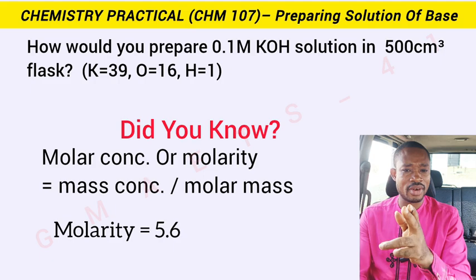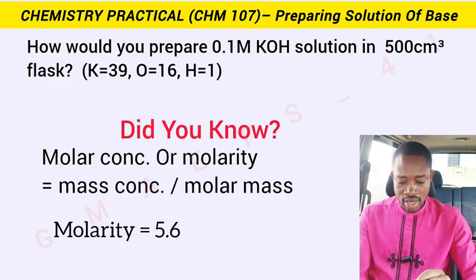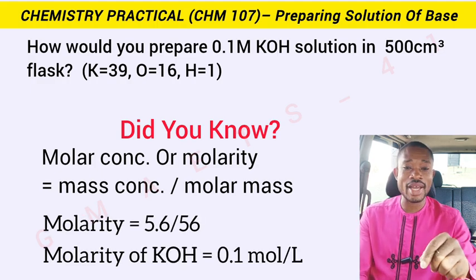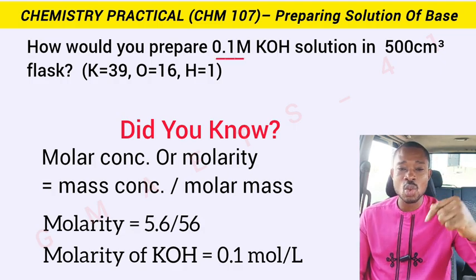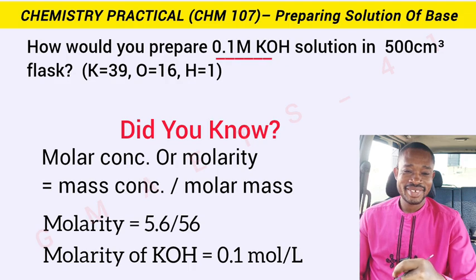It is potassium hydroxide that I used for this case study. The molar mass of potassium hydroxide is 56. So 5.6 divided by 56 gives 0.1. So do you see? It returned me back to the 0.1 molar value of that potassium hydroxide.